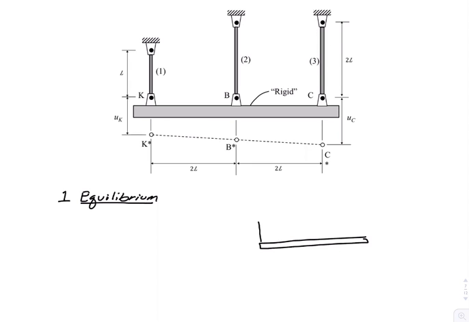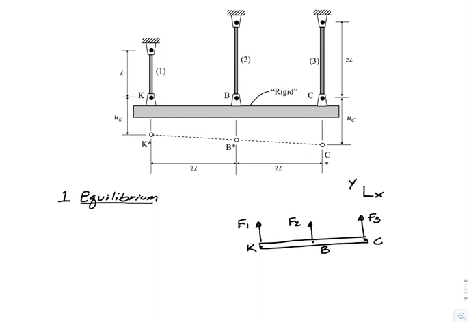So we have the load carried by rod 1, the load carried by rod 2, and by rod 3. I'm going to use x to the right and y up. This again is point K, this point is B, and this is C.